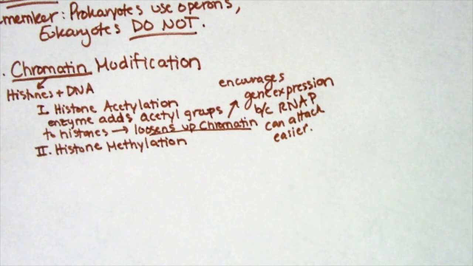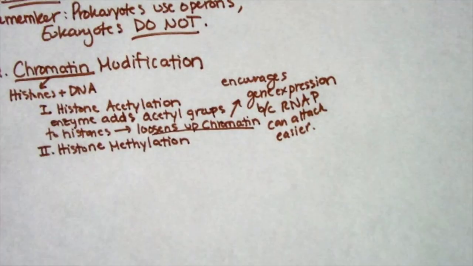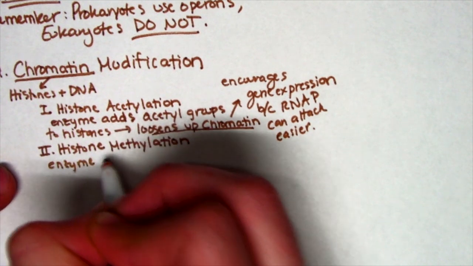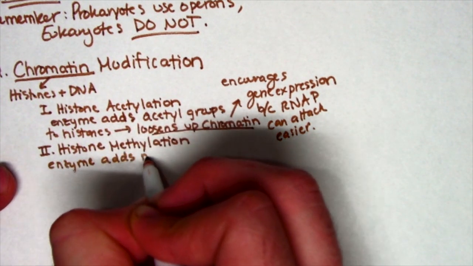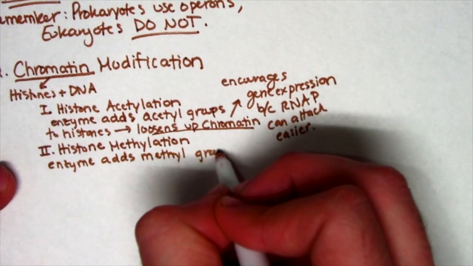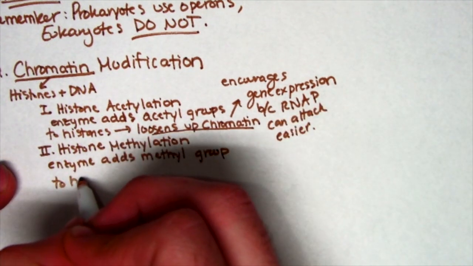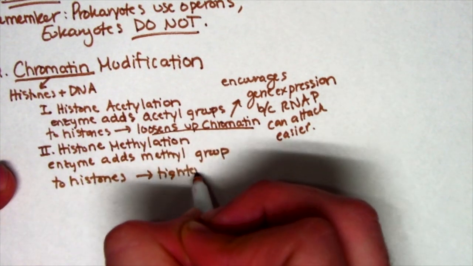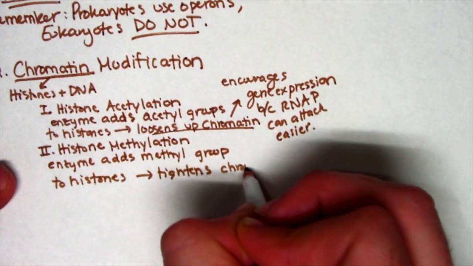What do you think methylation does? It tightens, right? It tightens the chromatin by adding a methyl group to histones, which tightens chromatin.